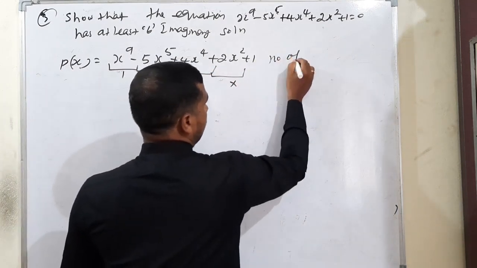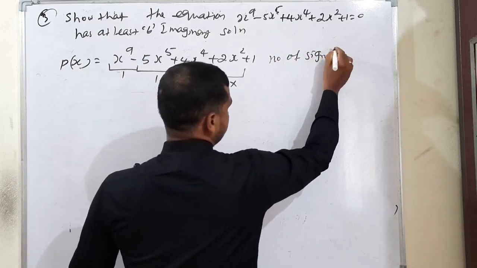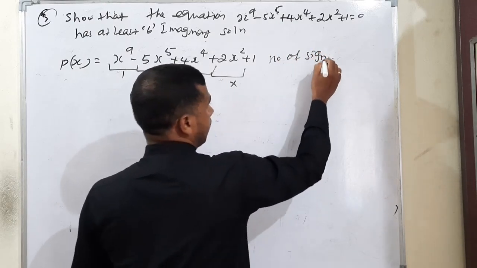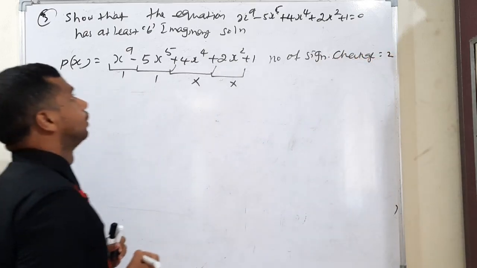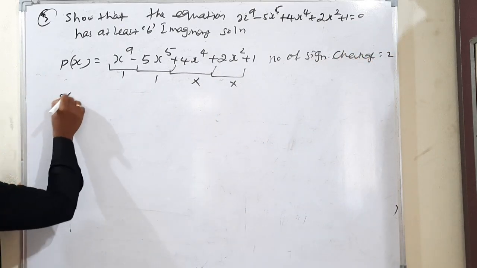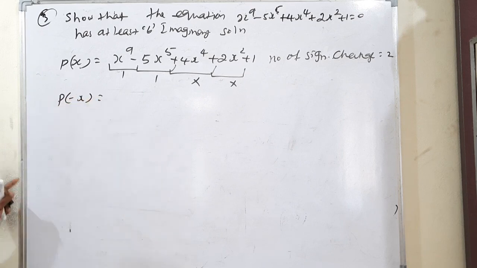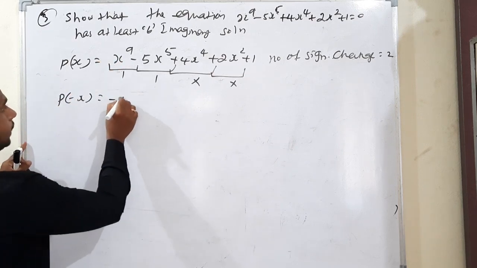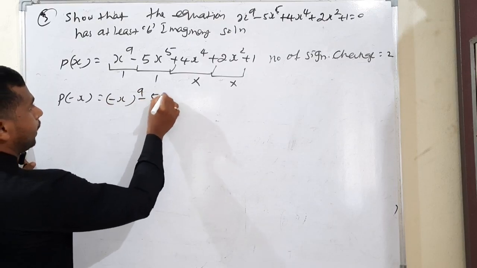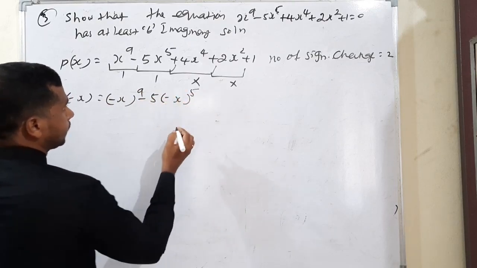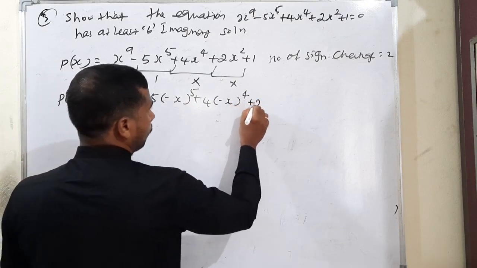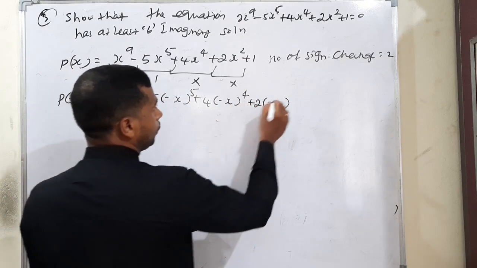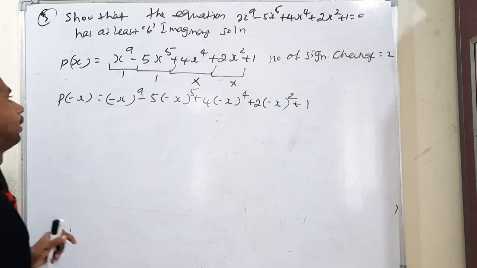Therefore, the number of sign changes is equal to 2. Again, p of minus x, what will happen? Minus x the whole to the power 9 minus 5 into minus x the whole to the power 5 plus 4 into minus x the whole to the power 4 plus 2 into minus x the whole square plus 1.